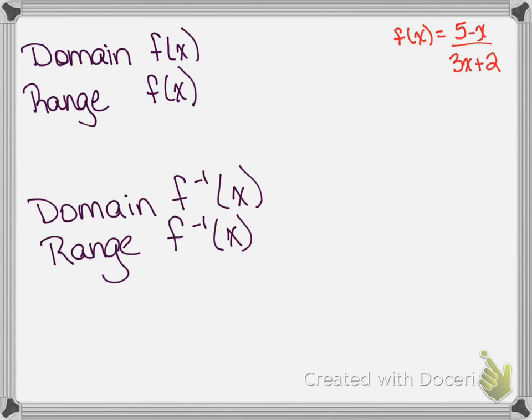So I'm going to put 3x plus 2 cannot equal 0. When I solve that, I have 3x equals negative 2, and x cannot be negative 2 over 3.